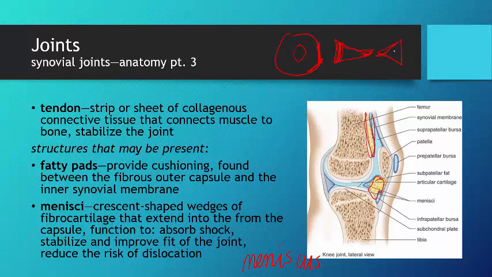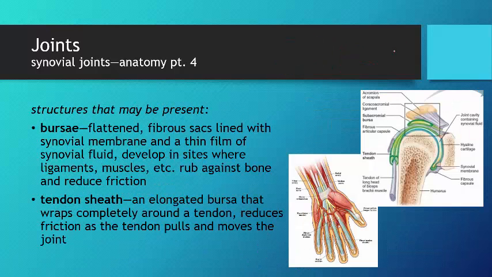Okay, almost done. We just have one more thing to look at in the way of some additional structures that may be found in the joint. Bursae, and again that's the plural, here's the singular, a bursa.